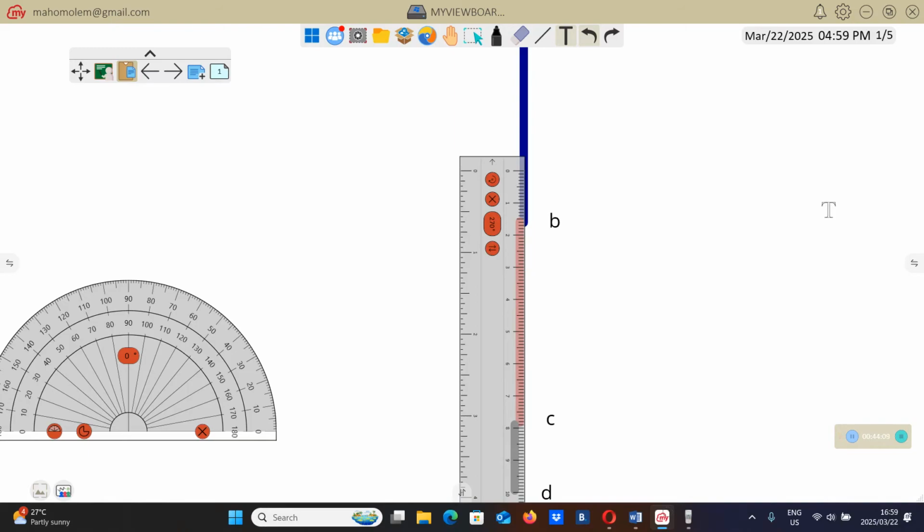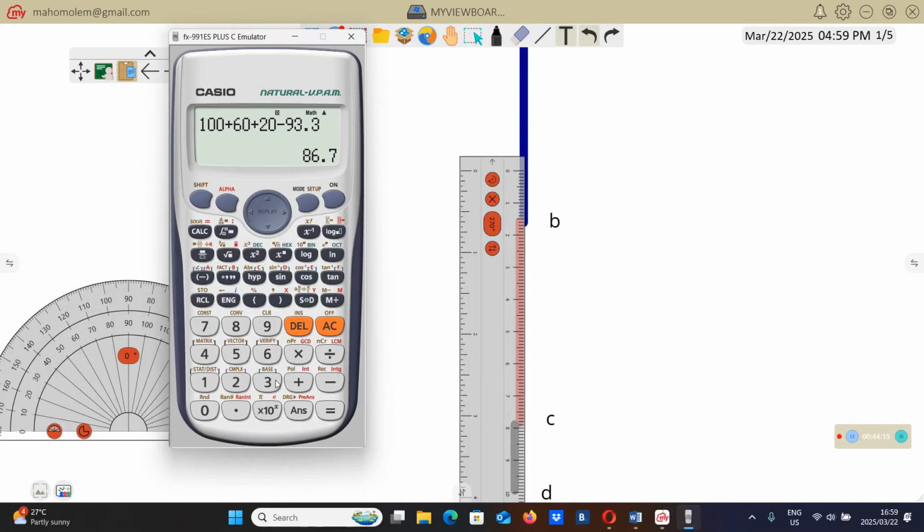Remember our scale. 93.3 will be equal to how much? 93.3 divided by 20 is 4.665.